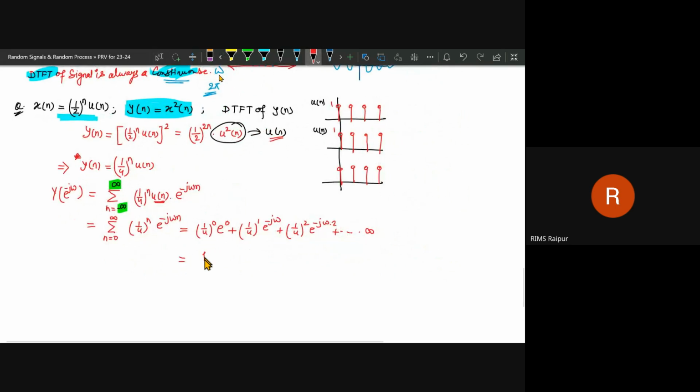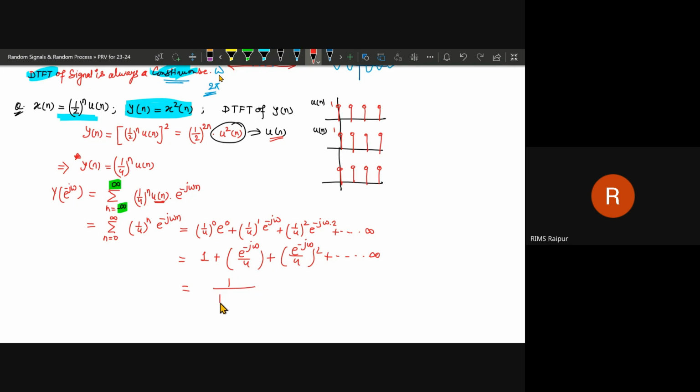Here, obviously, the first term is 1 and the second term is e raised to power minus j omega by 4. The next term is e raised to power minus j omega by 4 whole square, and the third term is whole cube, and so on. So again it is a GP, and for the sum of infinite terms of a GP we apply the formula a upon 1 minus r.